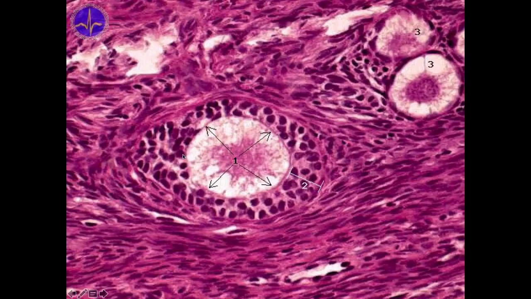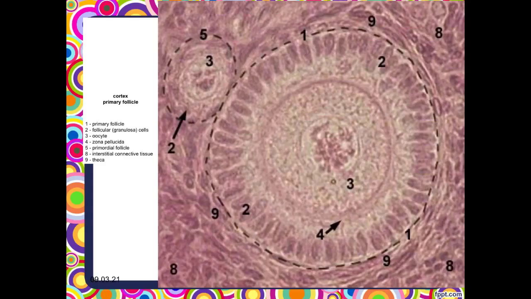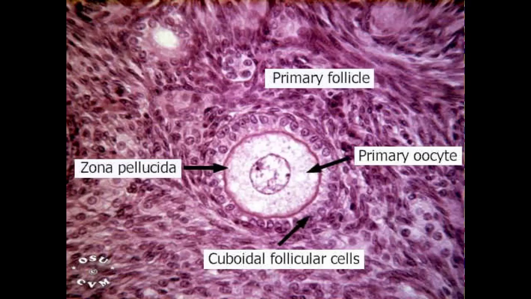This is again the multilaminar primary follicle with granulosa cells, and you can see some kind of special fibroblasts arranged around the follicle, which starts to form the theca folliculi interna. That's the same.